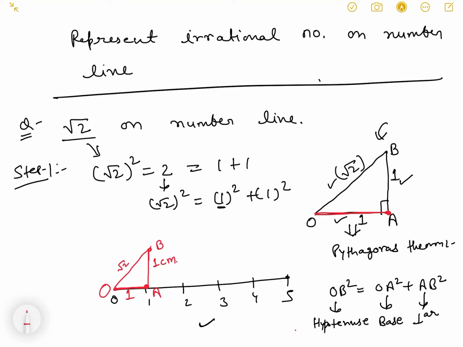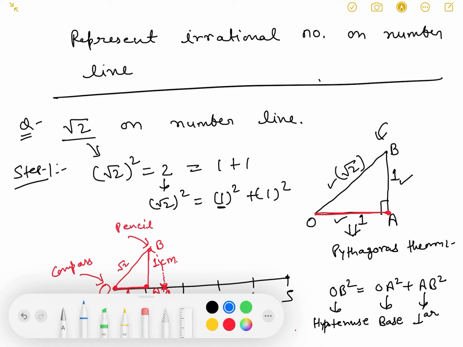Then again, what will we do? We will keep our compass needle at point A and pencil at point B. Then we will draw an arc which definitely will cut the number line, and where it cuts, it will be the root 2 point.